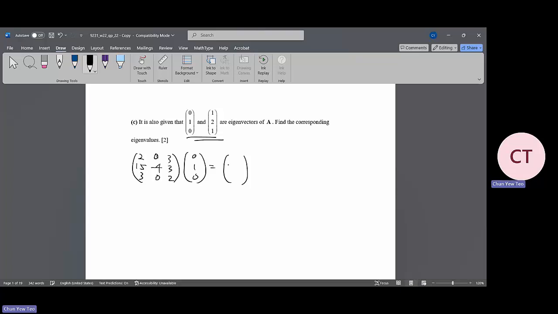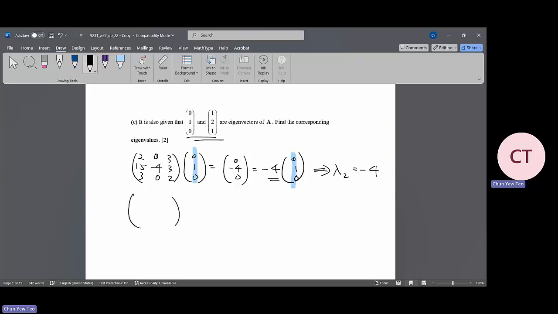Just multiply the two matrices together. Over here, you will get 0, negative 4, 0. Factorize a negative 4 out to make this the same as this one. So therefore, this is your eigenvalue number 2.